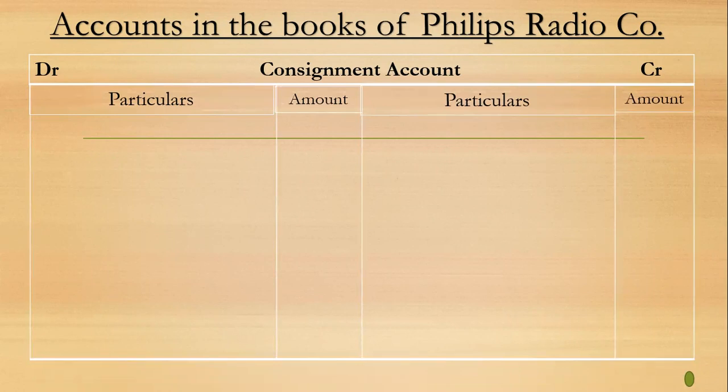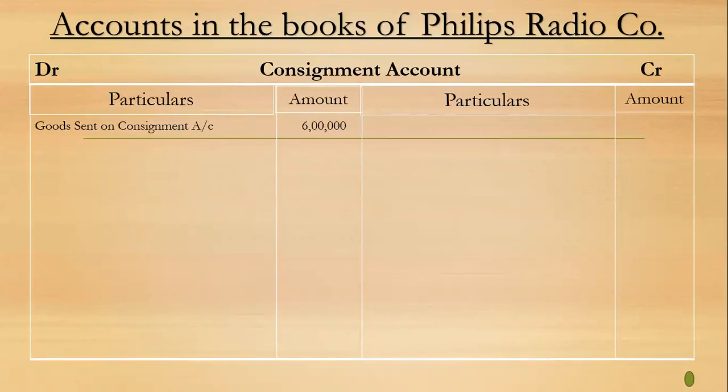Here we have the information that Philips Radio Company consigned 500 radios to Binaka Radio Services and the invoice price is 1200. So goods sent on consignment account will be 6 lakhs, that is 500 into 1200.